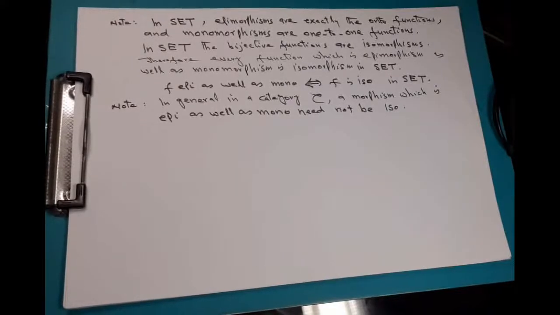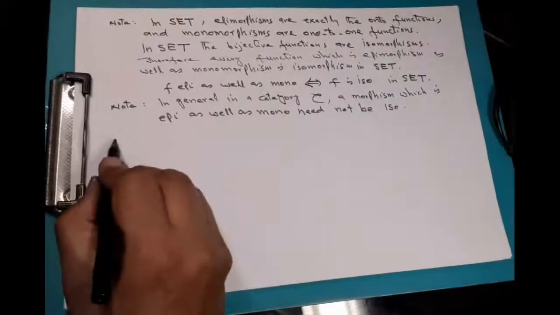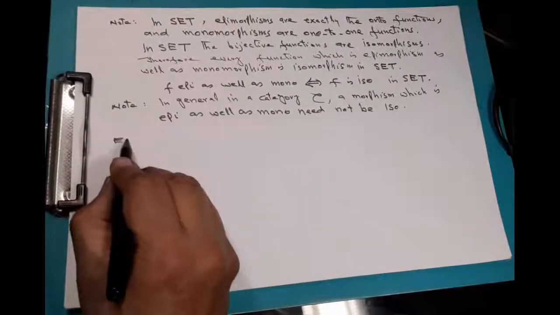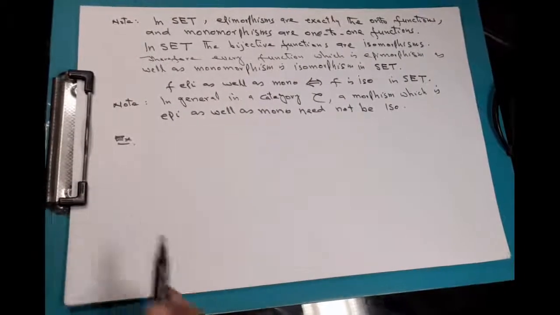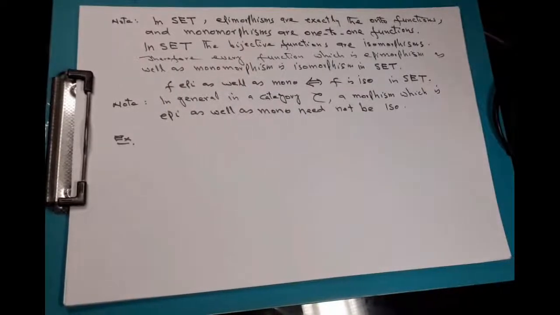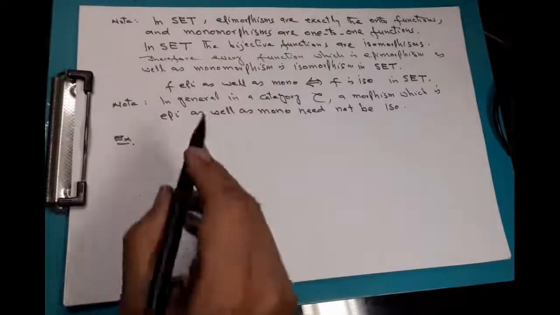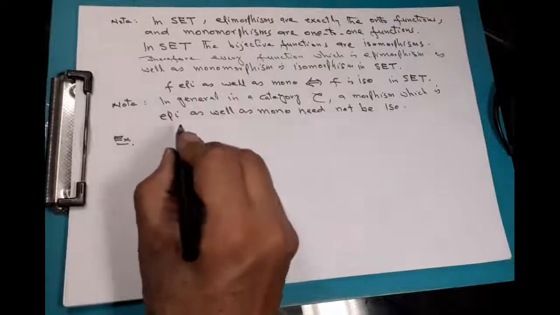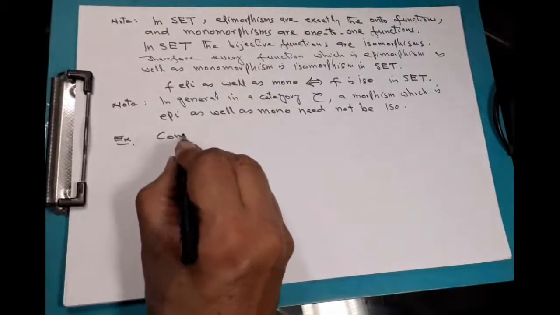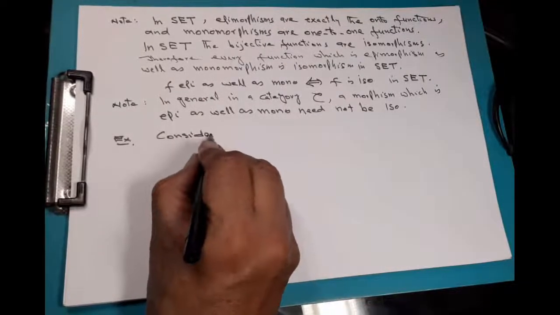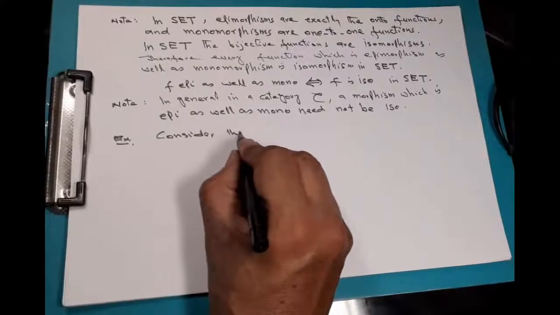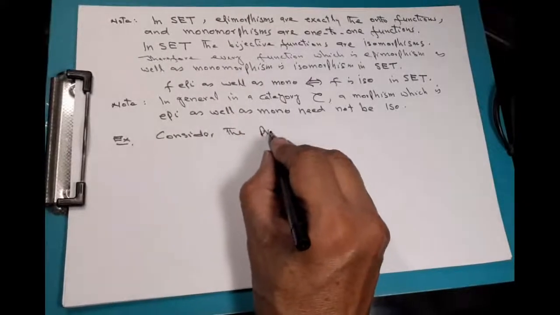To see the example, let's take this particular example of pre-order as a category. So consider the pre-ordered set.